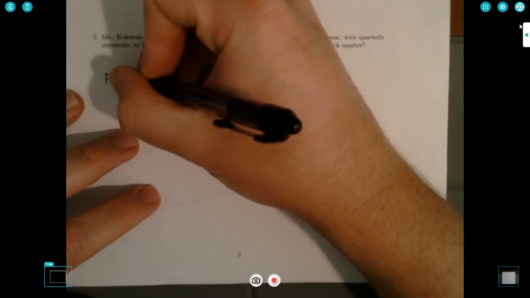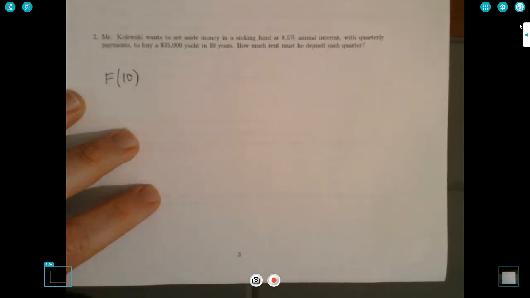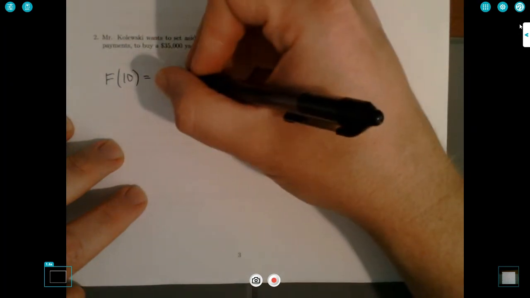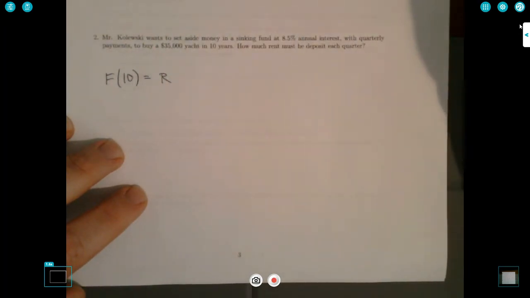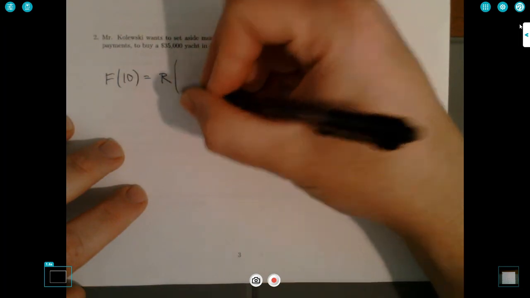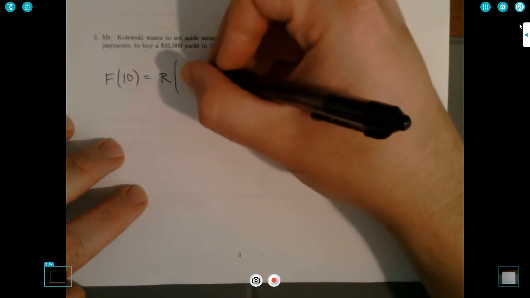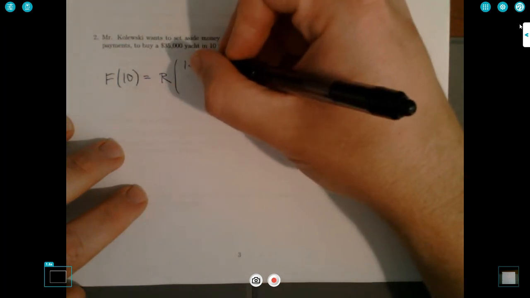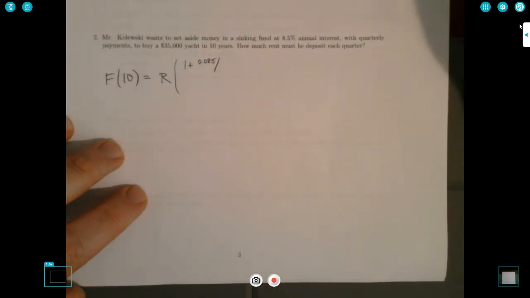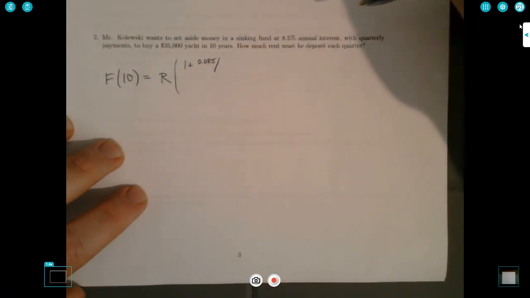So we know that he's going to be doing this for 10 years, so T is 10. We don't know what the rent is, so we'll just leave that R for now. But it's going to be R times 1 plus the interest rate, 0.085, divided by the number of times the interest is compounded per year.